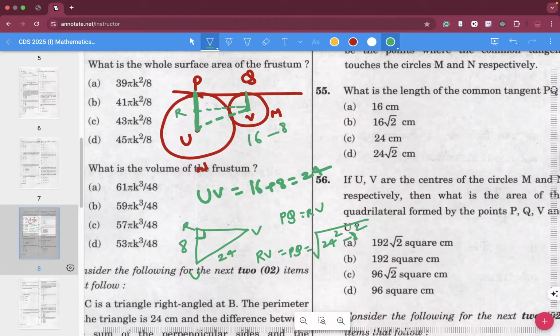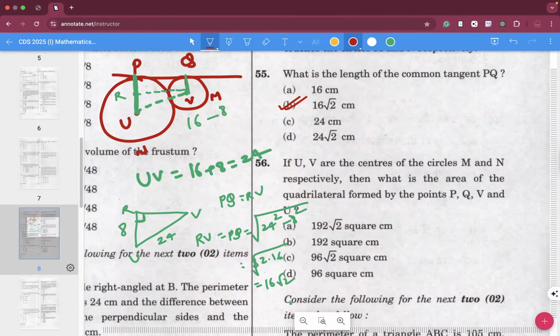If you solve for this, this is a plus b, a minus b, which means 32 into 16, which is 16 root 2 over here. The answer will be B, folks. The answer to this particular question will be B.